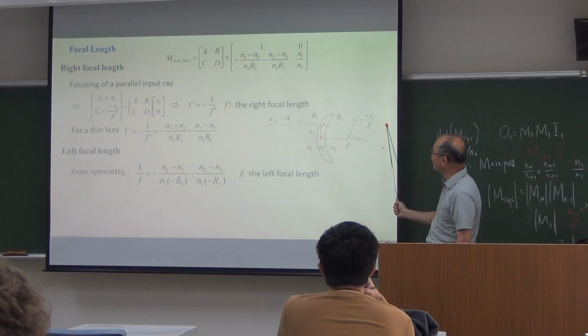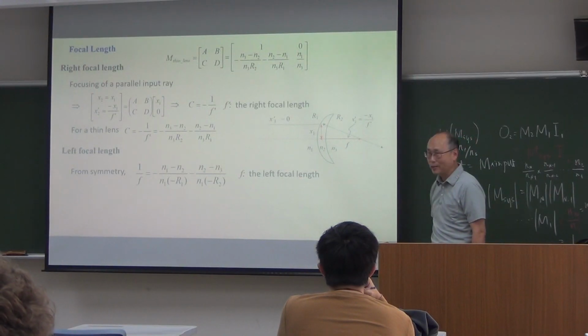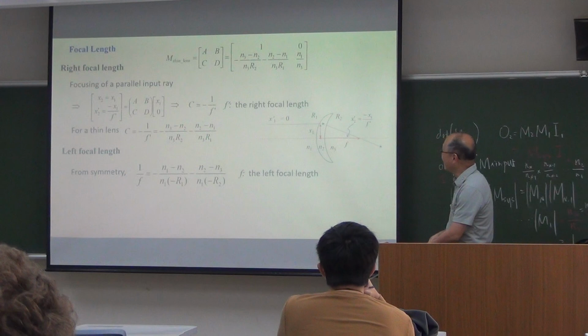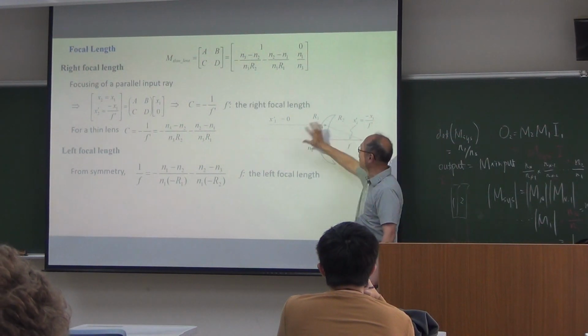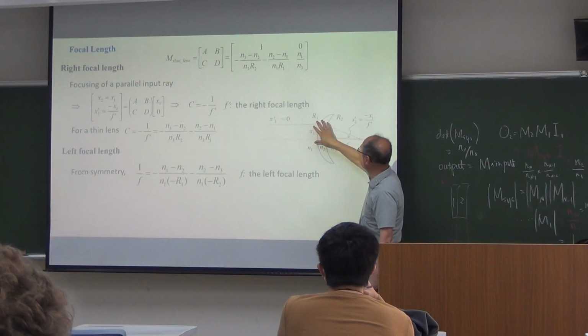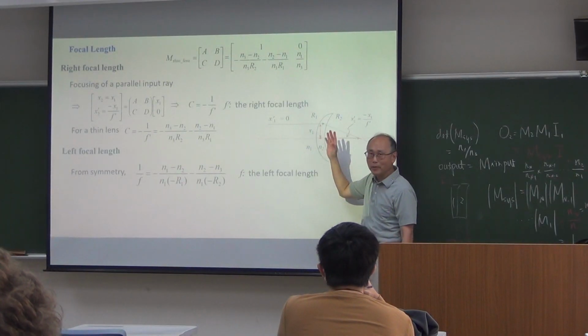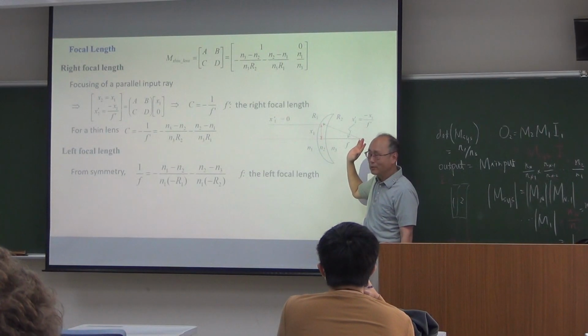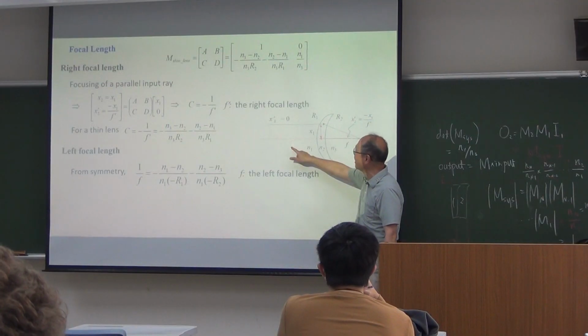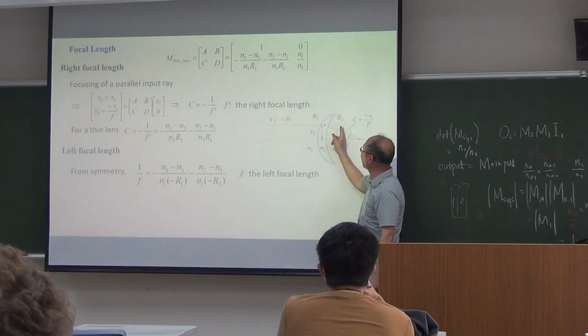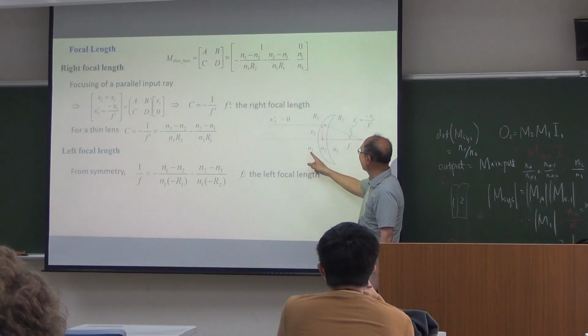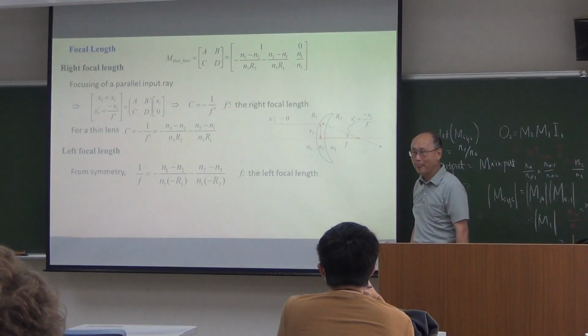Then you can run your analysis in the backward direction, but everything is symmetric. You can just flip this like this, but then R1 and R2 will be exchanged. So this means that I can figure out the left focal length by changing R1, R2, and also N1, N3.